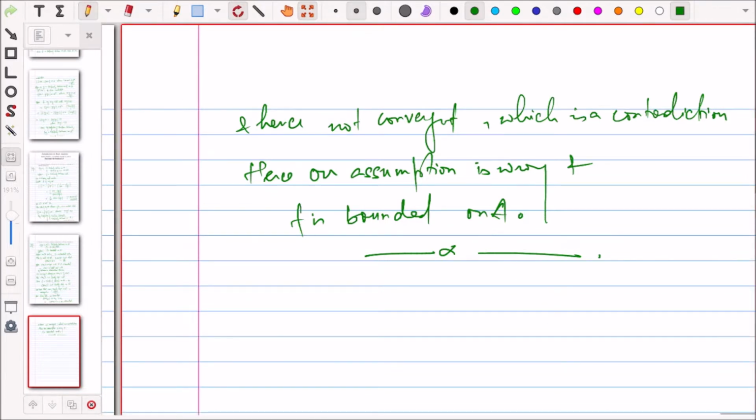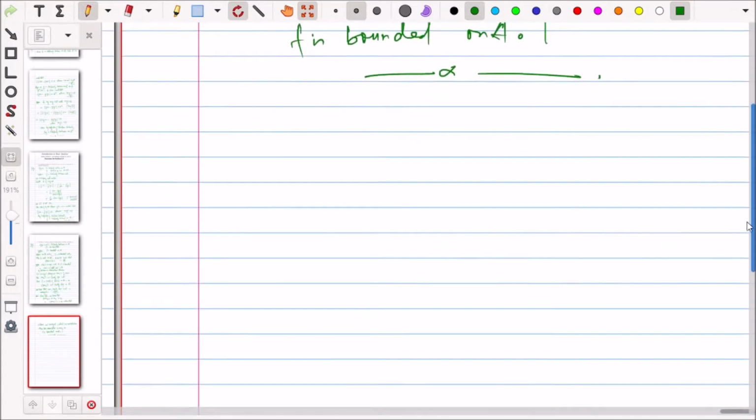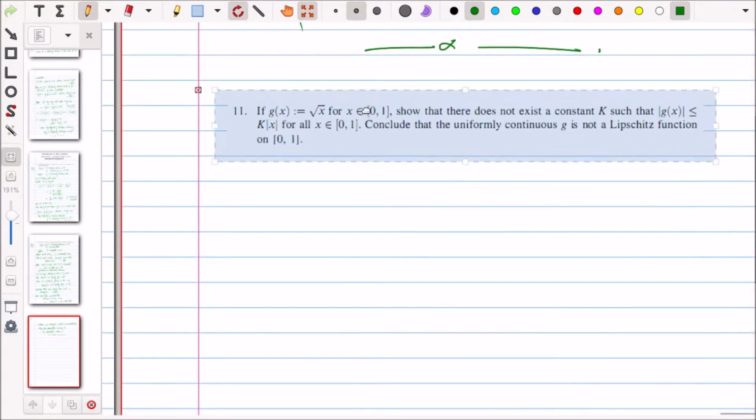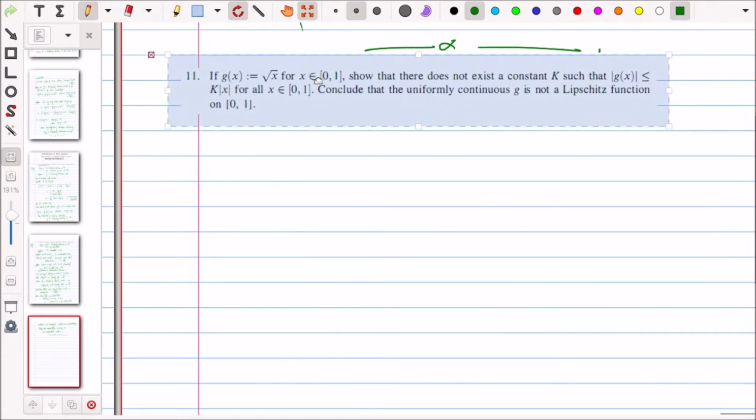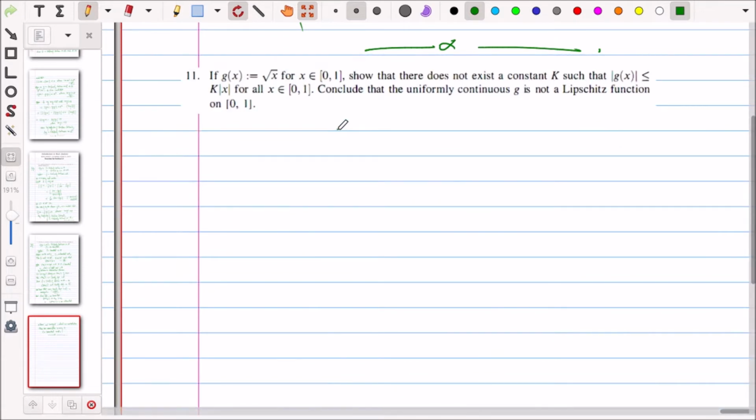Now let us take question number 11. So g of x is equal to root x, given on the interval 0 to 1. We have to show that there does not exist a constant k such that the absolute value of g of x is less than or equal to k times the absolute value of x for all x belonging to 0 to 1.